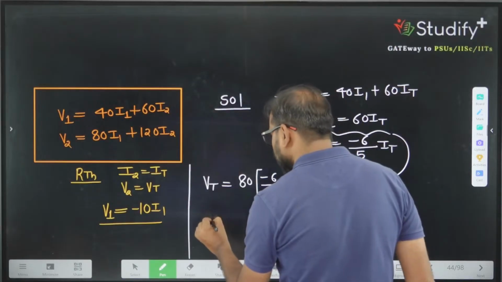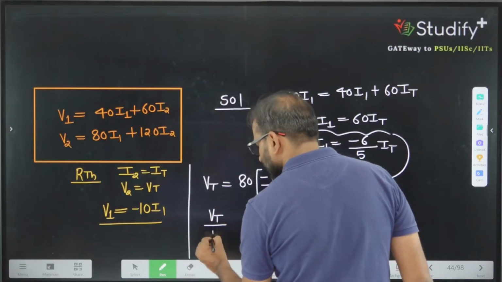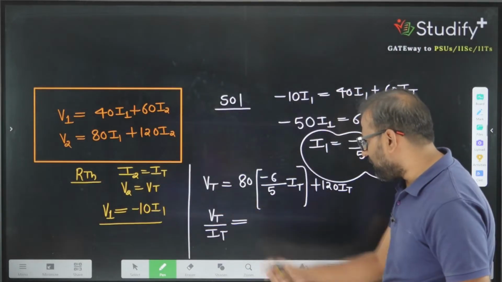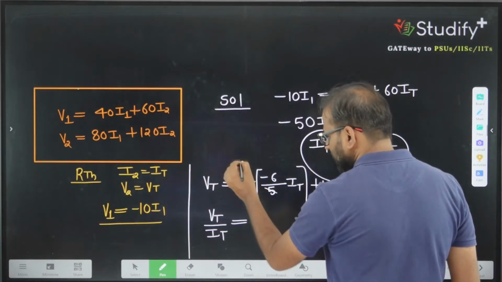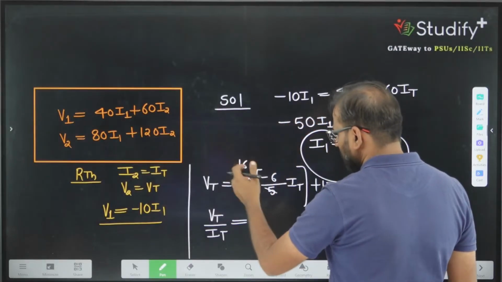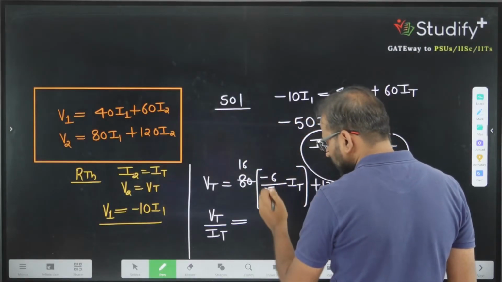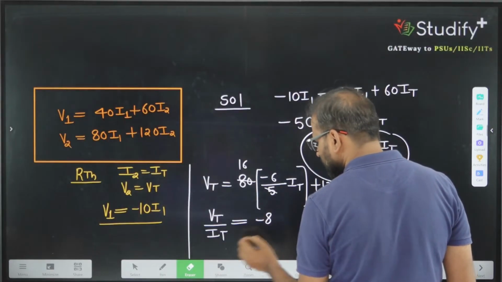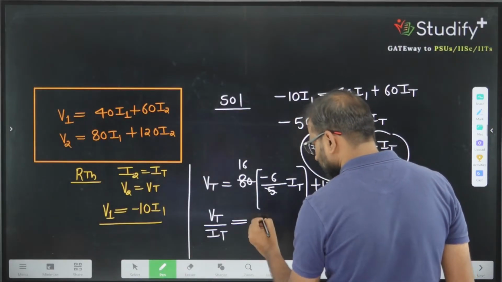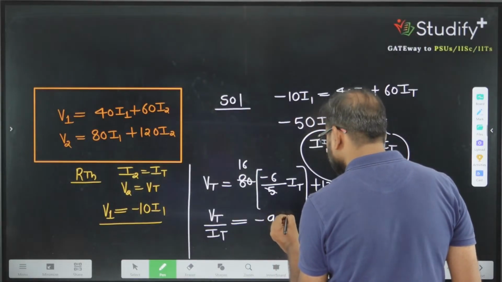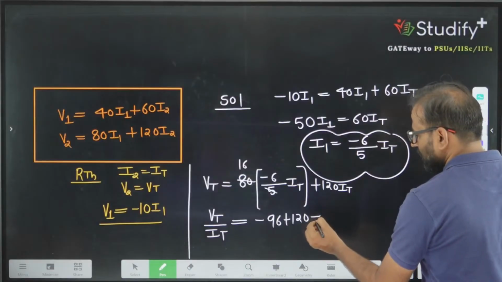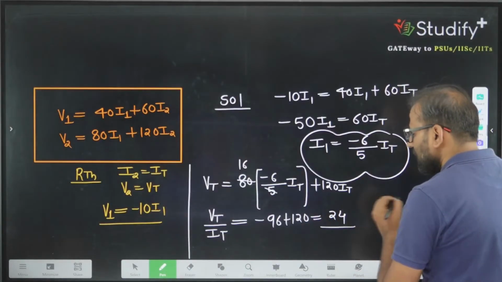In the VT by IT ratio, if I take IT common, it is 16 times 6, minus 96, plus 120. So 24 is the correct answer.